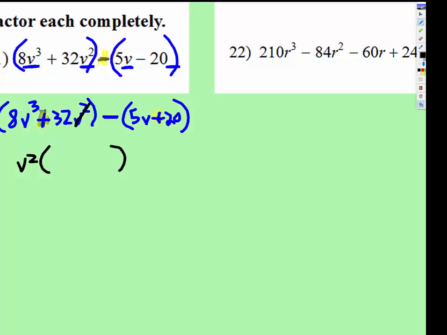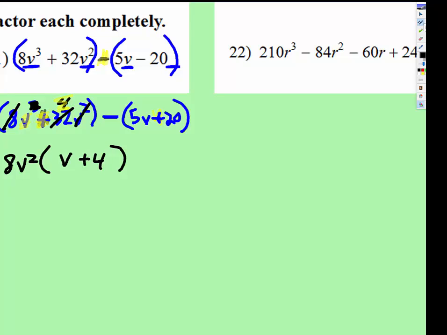That cancels that. 3 divided by 2, that'll just leave a v. 8 and 32 have an 8 in common, which cancels the 8. 32 divided by 8 is a 4. And then everything that we did not cancel, so we didn't cancel a v, we didn't cancel a plus sign, we didn't cancel a 4, that is left on the inside.